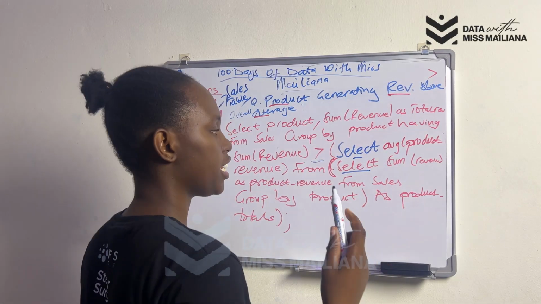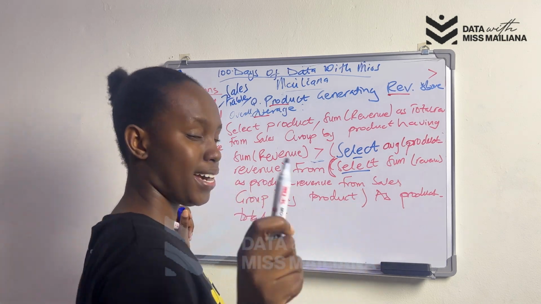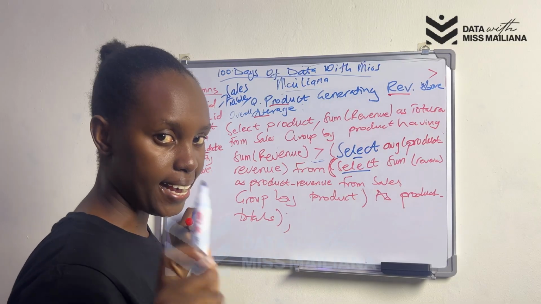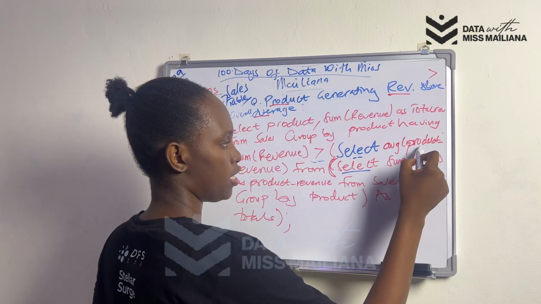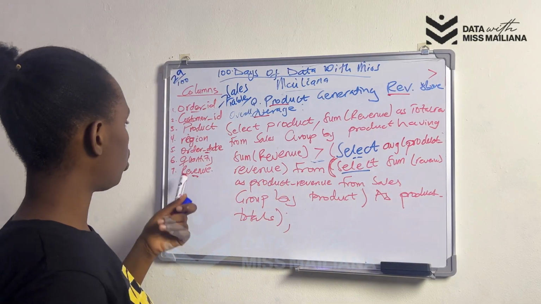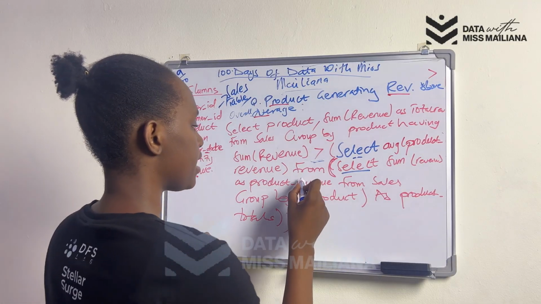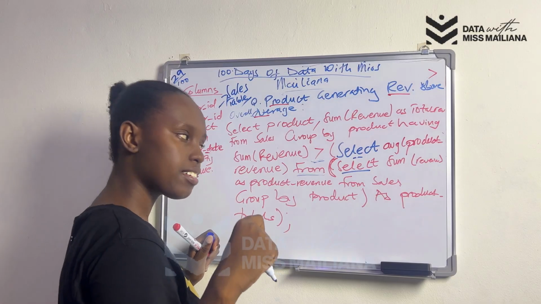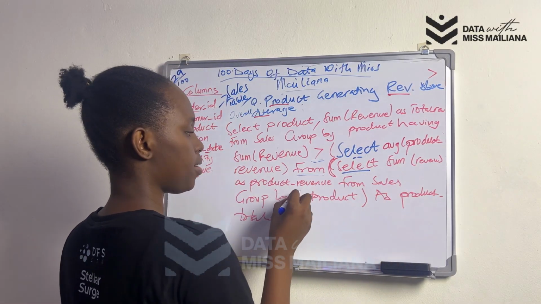Now we have to calculate the average revenue by product. So we say select average, in brackets product underscore revenue, which is not in the columns, right? Which is not here. So where are we taking it from? We are creating another subquery. Select sum revenue as product revenue.